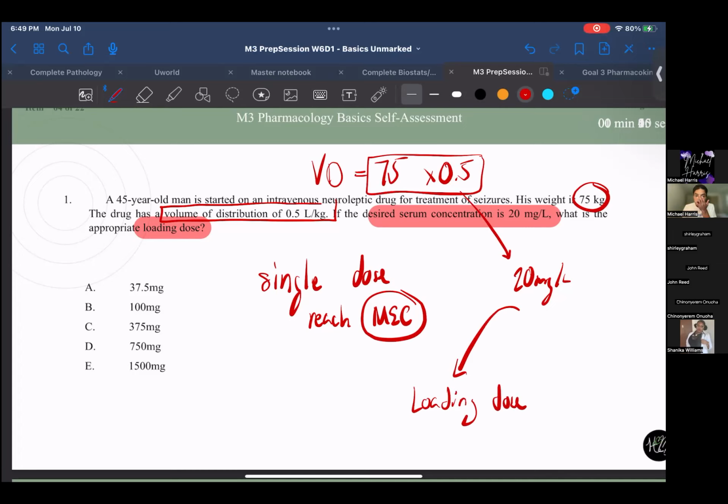Does that make sense? Okay. Yes, you had to find the volume of distribution, and it ends up being 750.